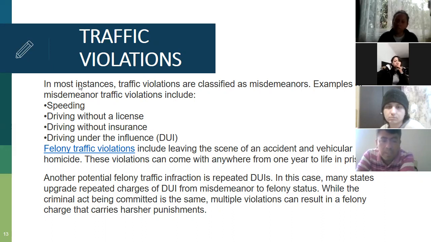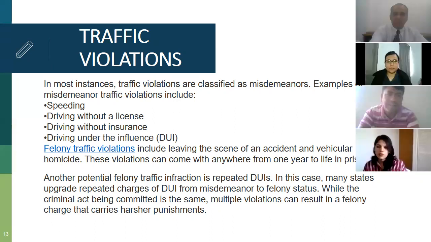Actually, Mr., when I read leaving the scene of an accident and vehicular homicide, I remember an actor, 2 years ago or something, who killed a man in the States, but everything was recorded. So that's why he's in jail. I think he's still in jail because he hit this man and this man fell and the actor began to run away.